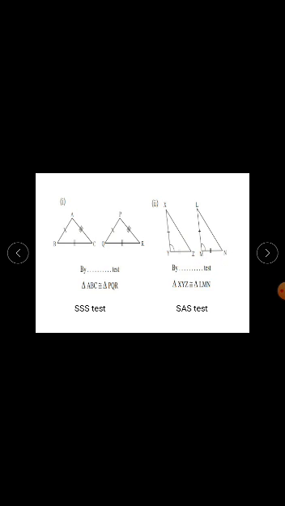So by the dash test, triangle XYZ is congruent to triangle LMN. So side, angle, side. So these two triangles are congruent by the side angle side test, in short the SAS test.